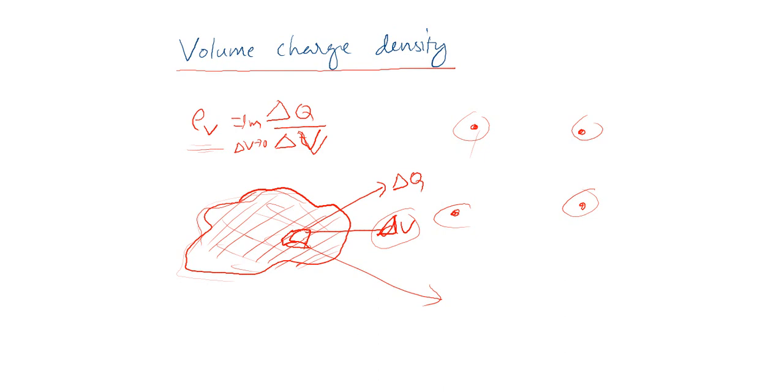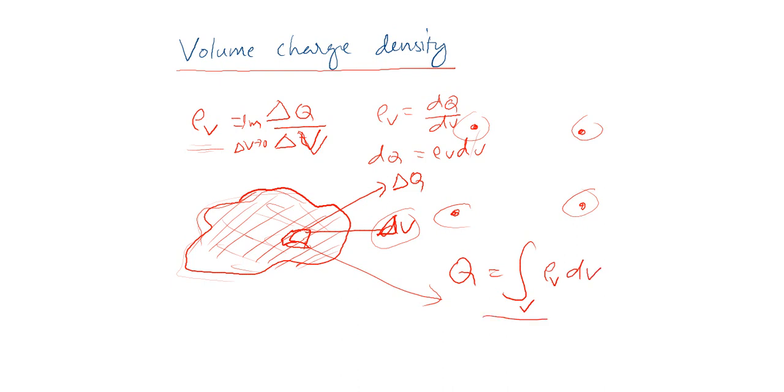So I can write rho v is equal to dq by dv, or dq is equal to rho v dv, or q is equal to the integral over volume of rho v dv.